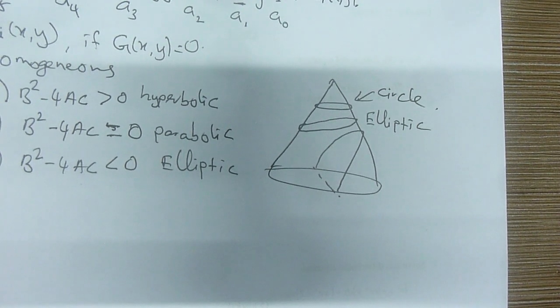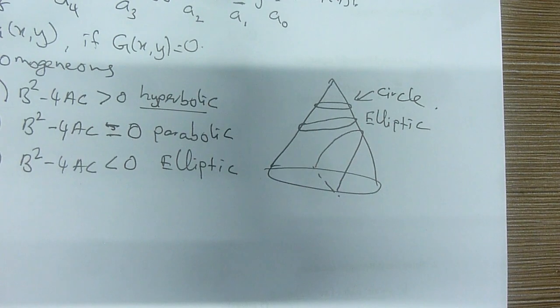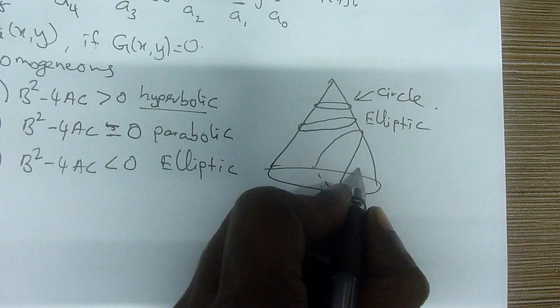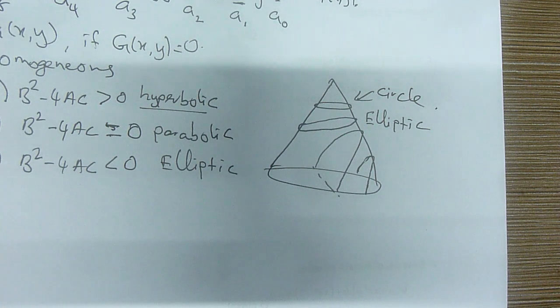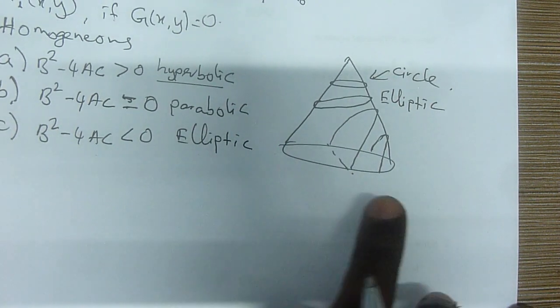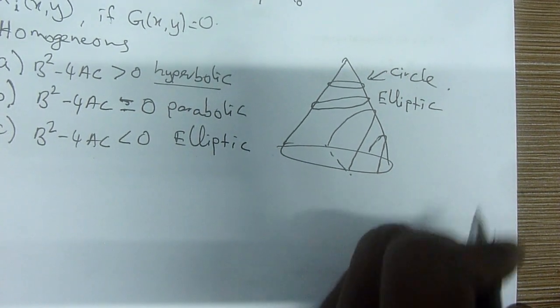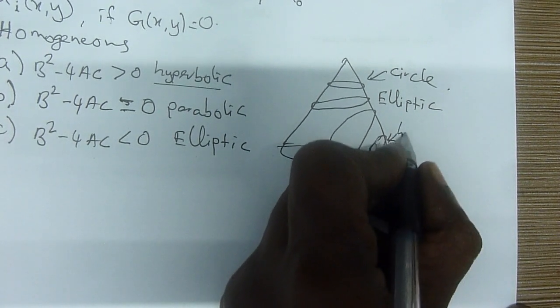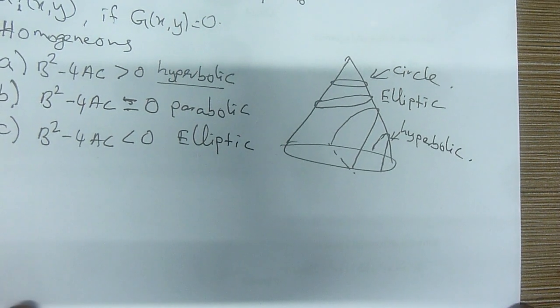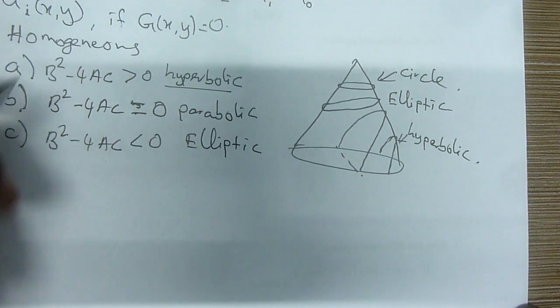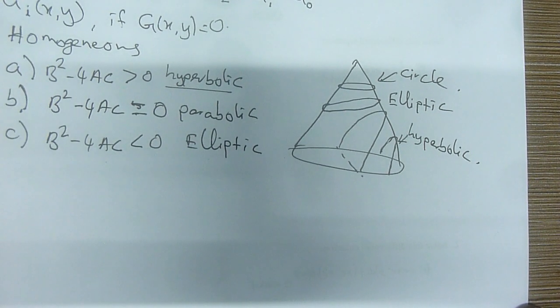And how to imagine the hyperbolic? The hyperbolic is a little bit wider. You can see this is a little bit wider in the sense that it will be represented as a hyperbolic.